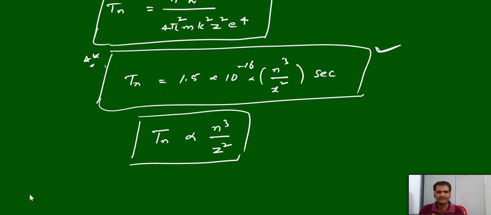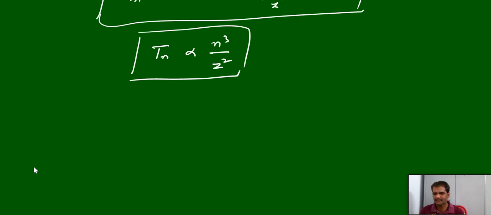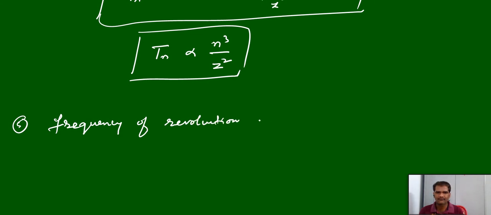Next, one more last formula here: the frequency of revolutions per second. Last one, frequency of revolution. Simply we can say this is revolutions per second.